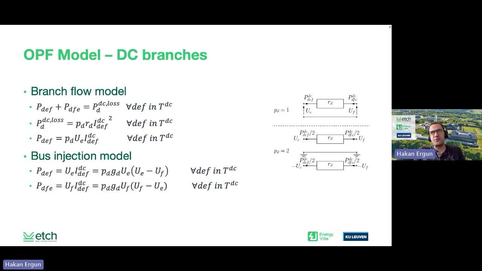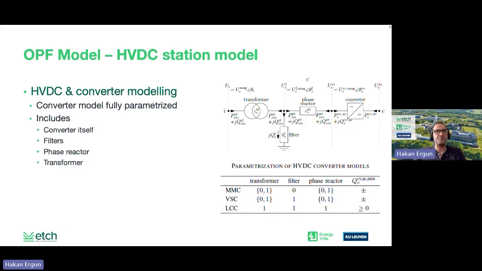It is a balanced formulation in any case, so voltage imbalance is not necessarily modeled, but we can still choose between a monopolar or a bipolar HVDC, which is going to have an effect, of course, on the losses. And again, these can be modeled either by explicitly modeling the current that goes through DC links, but then also where the current variable is expressed as a difference of voltages, what we then also call a bus injection model.